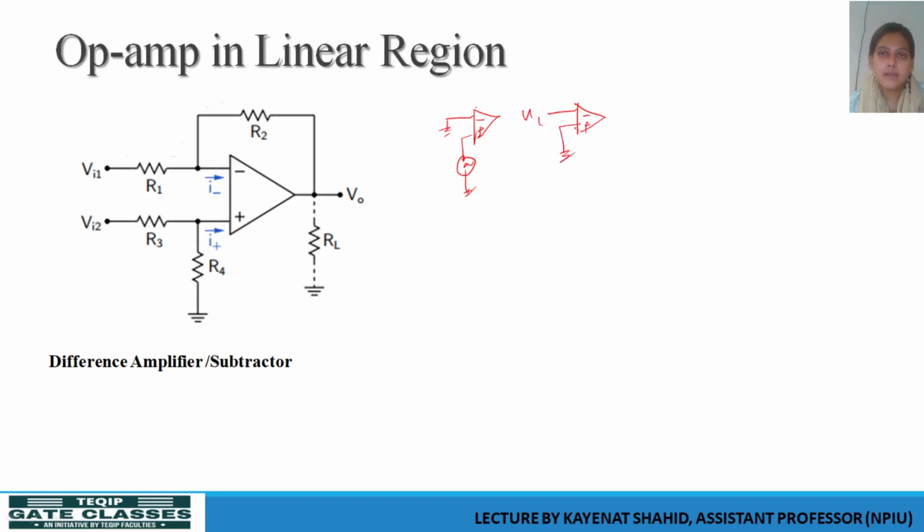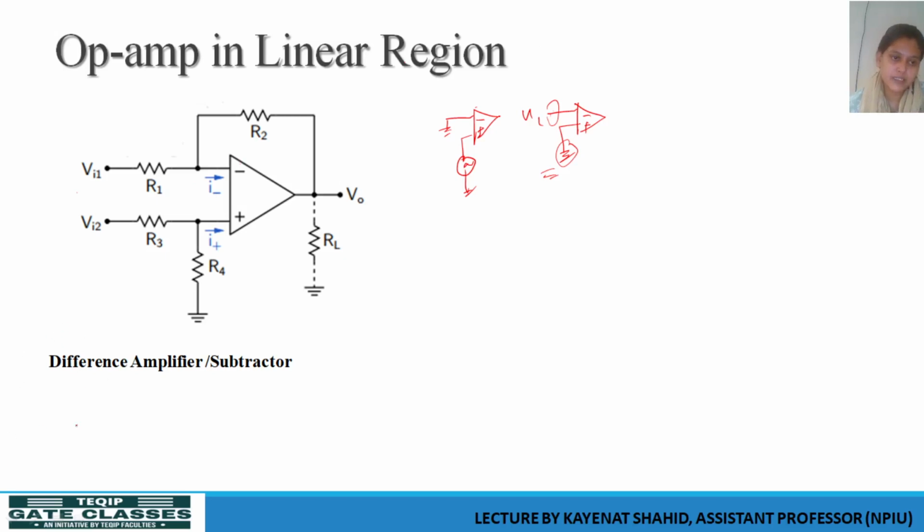We have been using only these circuits, where we apply one voltage at one terminal and the other terminal is usually grounded. Now we will be discussing what if we have two voltages at the two terminals. So we will just solve this equation and find out what kind of circuitry this is.